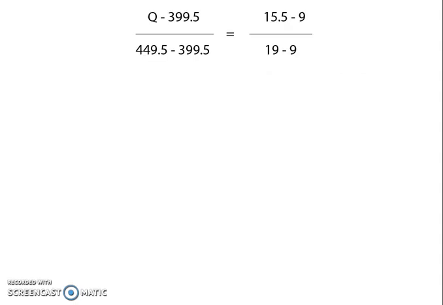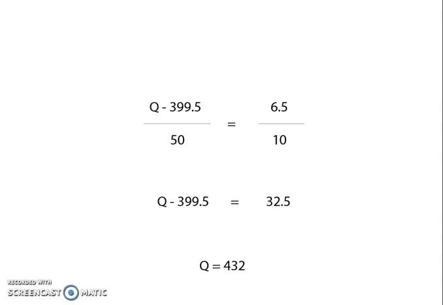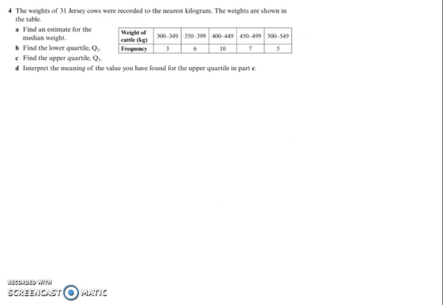So, once we simplify, we'll get Q minus 399.5 over 50, and that is equal to 6.5 over 10. Then we can multiply both sides by 50, and we get Q minus 399.5 is equal to 32.5. After, we add 399.5 to both sides, and we get Q is equal to 432. Remember your units. In this case, Q is equal to 432 kilograms.